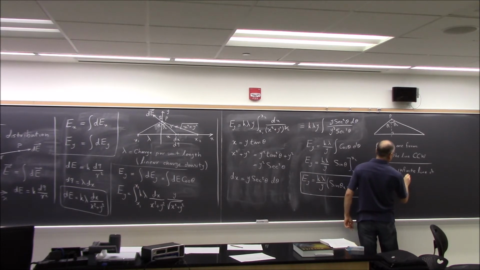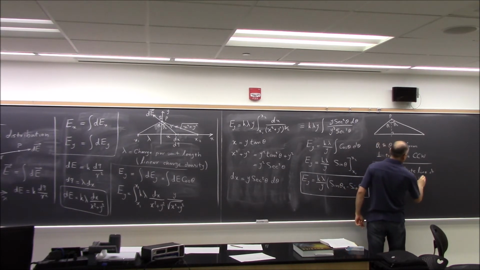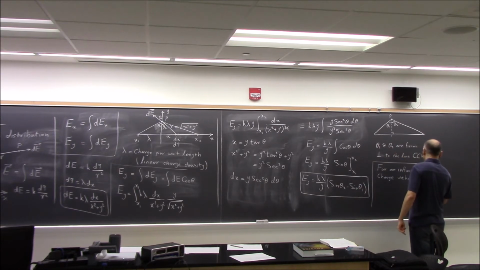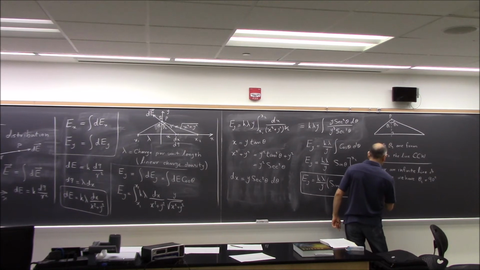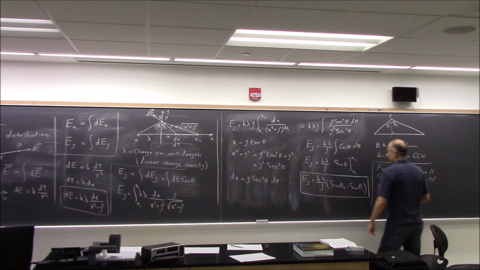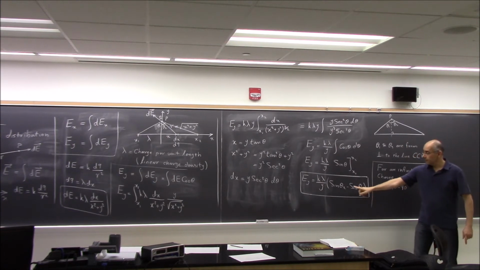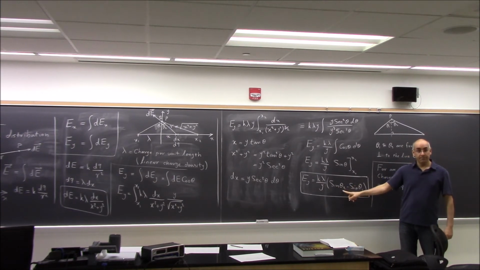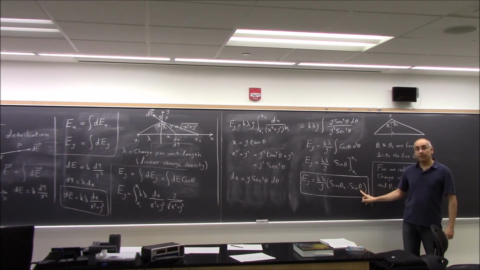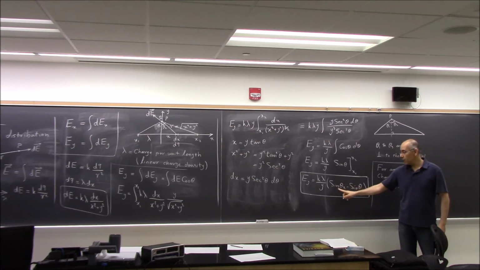So for an infinite line of charge, we have theta 2 equal to 90 degrees and theta 1 equal to negative 90 degrees. So what happens to this? What is sine of 90? 1. Sine of negative 90? Negative 1. 1 minus negative 1, you get a factor of 2.